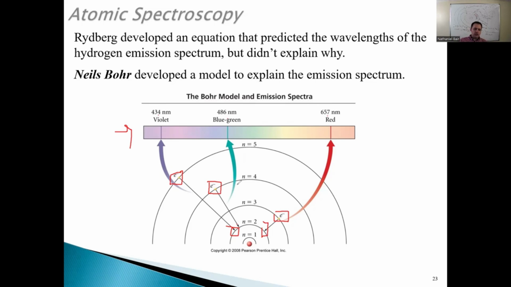Now, here's why this drawing is not so good. The orbitals actually get closer together as you go further out. So if I have my nucleus, here's my first orbital, the distance between the first and second orbital should be the biggest. And then the orbitals should start getting closer together as they go further out. They start out pretty far apart, right?